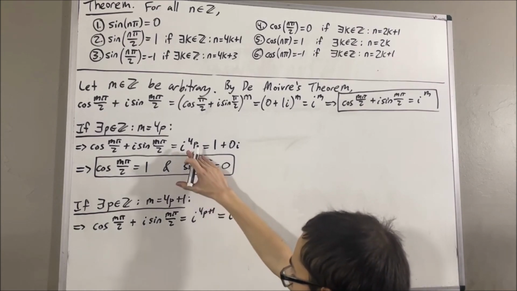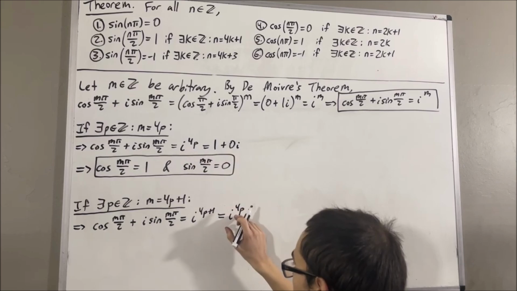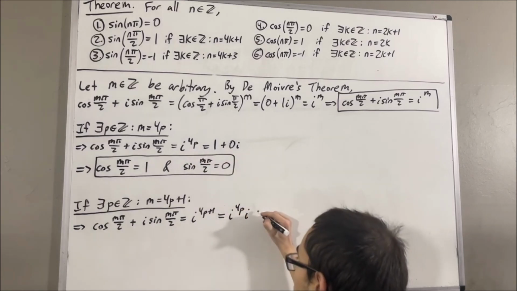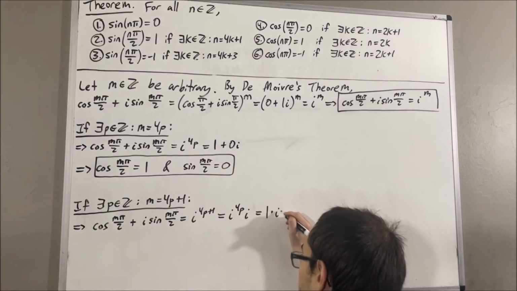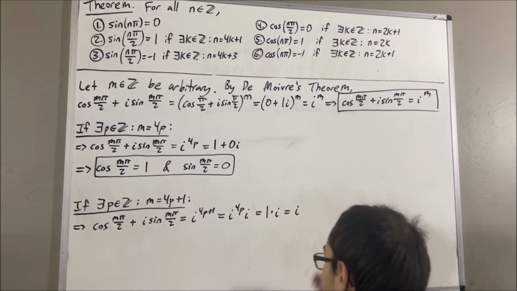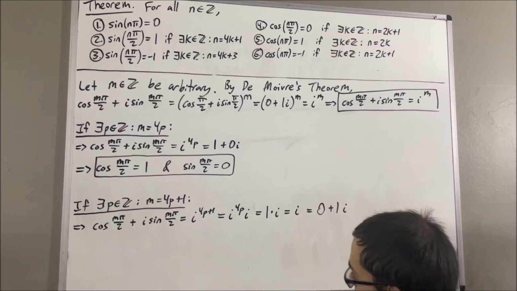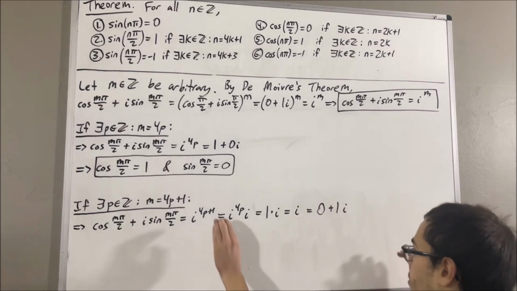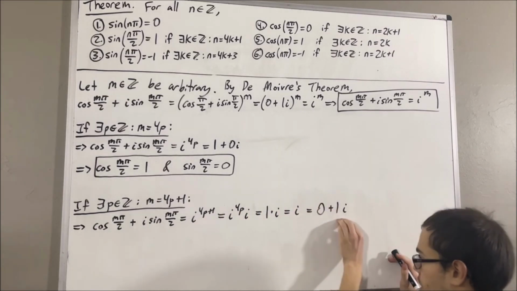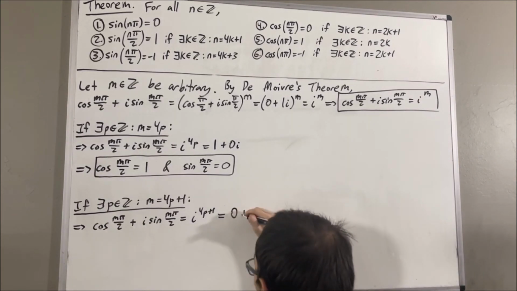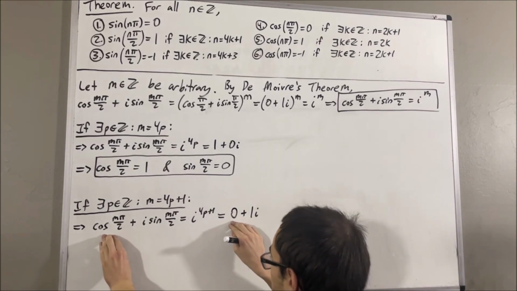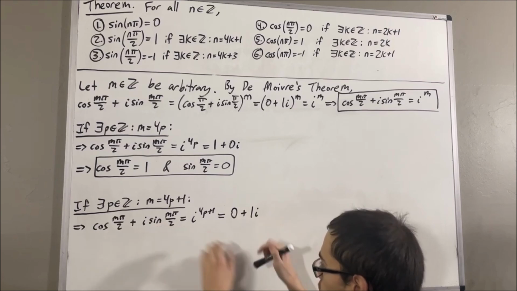And just like we did up here, we know that i to the power of 4p is just going to be equal to 1. So this is just 1 times i, which is equal to i, and we can write i as 0 plus 1i. So overall, this is just equal to 0 plus 1i. And now, setting the real parts and the imaginary parts equal, we have this.